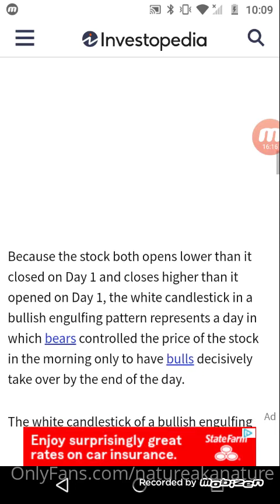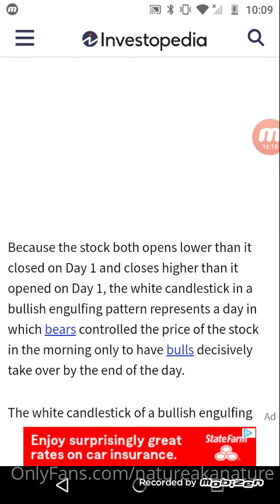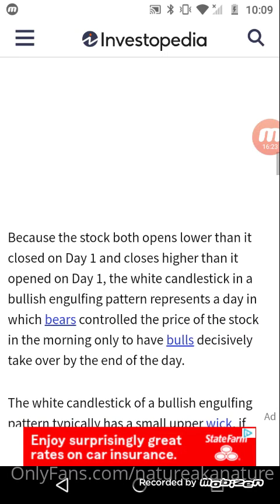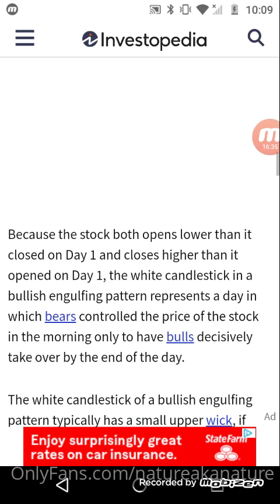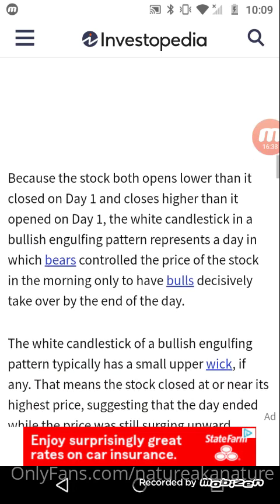Because the stock opens lower than it closed on day one and closes higher than it opened on day one, the white candlestick is a bullish pattern that represents a day where bears controlled the price of the stock in the morning, only to have bulls decisively take over by the end of the day.